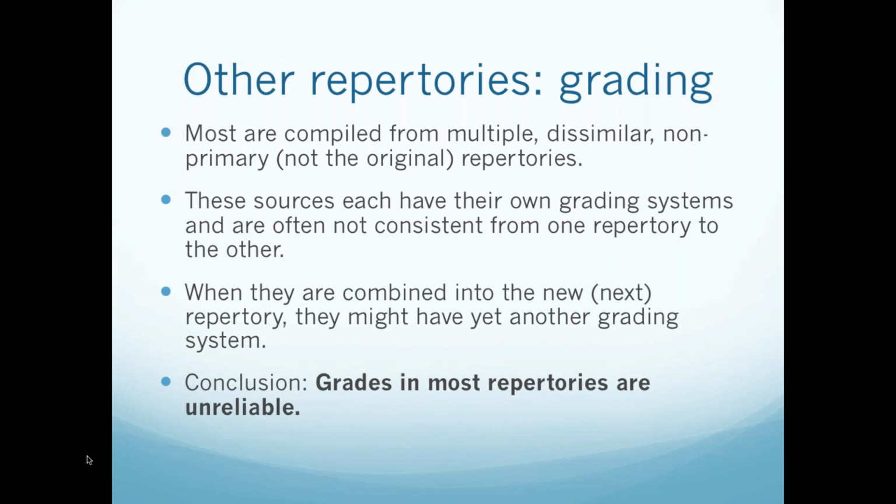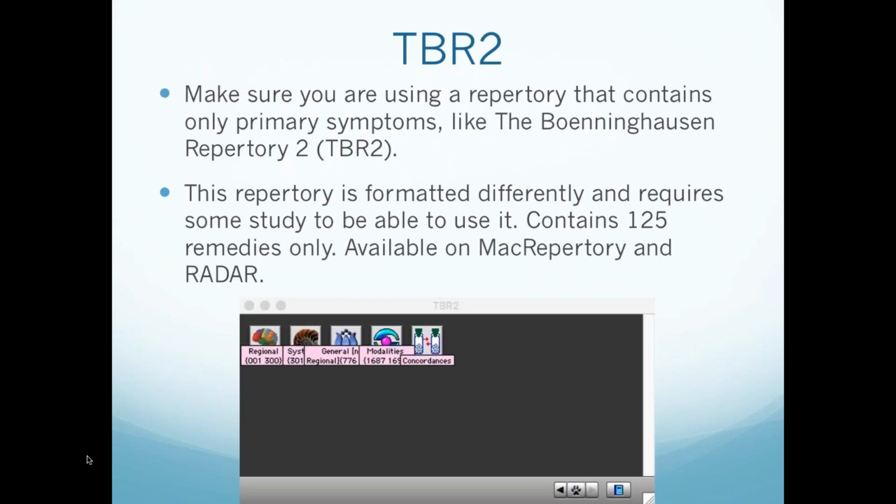And basically, if I am using another repertory, I just look to see if that rubric appears in the remedy. I don't look at the grade of it. And then I'll go back and I'll start reading the primary sources to see if that is the remedy that I need. So again, TBR2 has the primary symptoms.